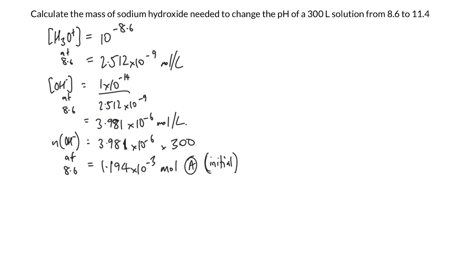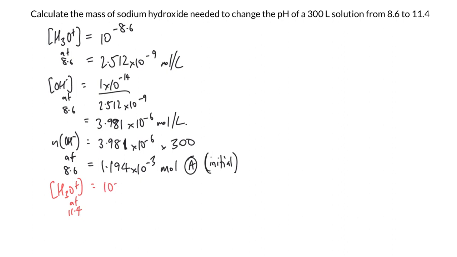Now, at pH 11.4, there'll be a different number of moles, and we need to work out what that number of moles is. So again, we would do the same process, except I want the concentration of H3O plus now at 11.4. So this is the final concentration.